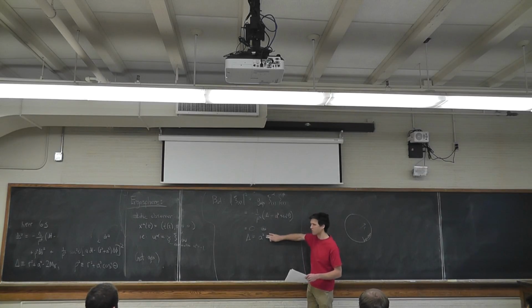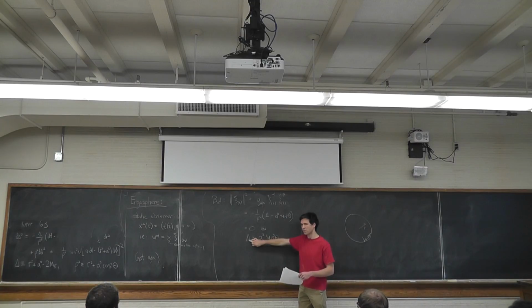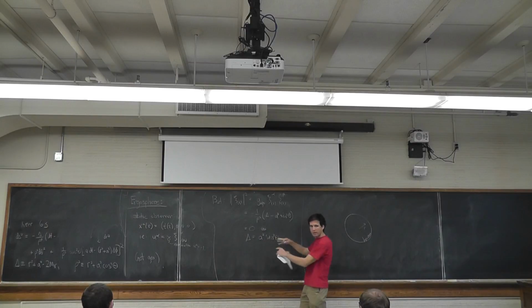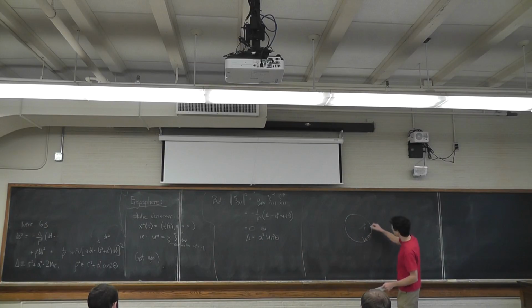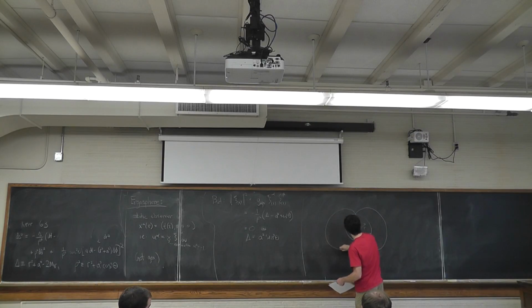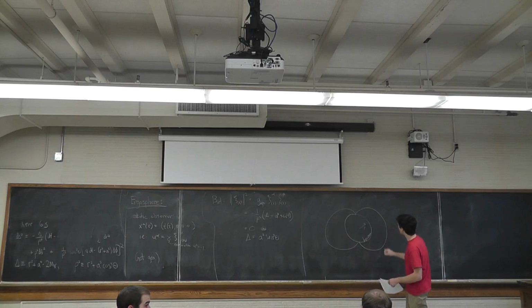On the equator, you can ignore the sine. And remember, the horizon is at delta equals 0. But this surface we're talking about now, where this Killing vector becomes null, is at delta equal to a squared. So this is happening outside the horizon. If we draw a picture of it, it ends up looking like this. And this is called the ergosphere.